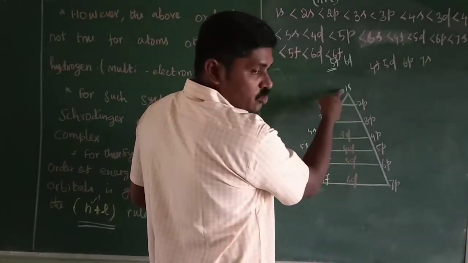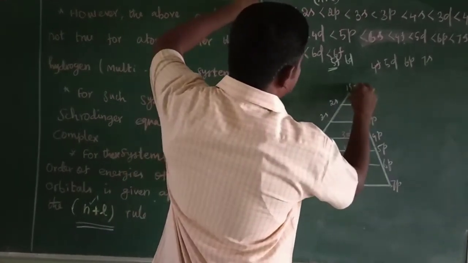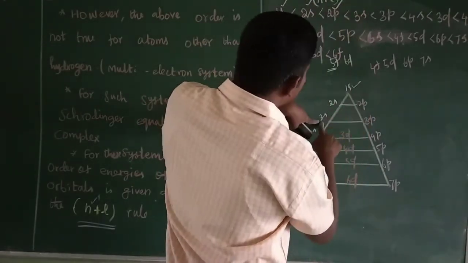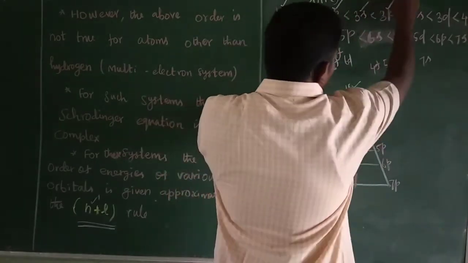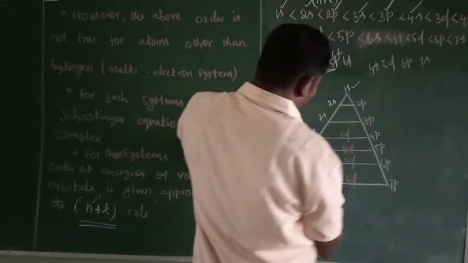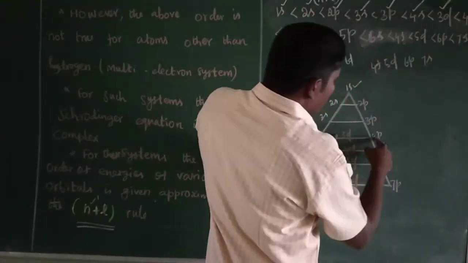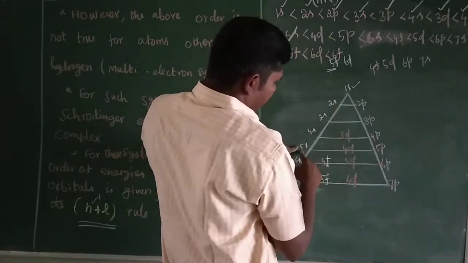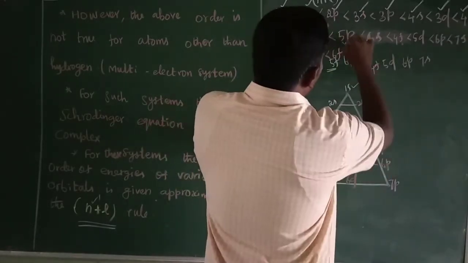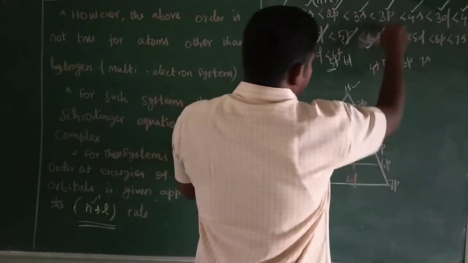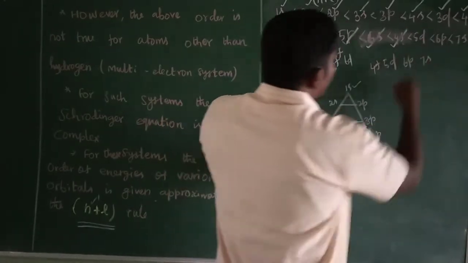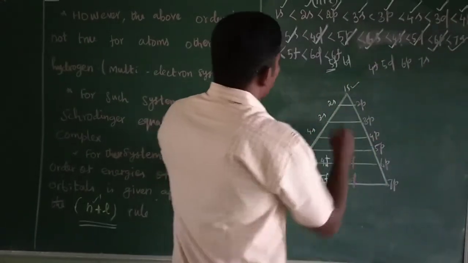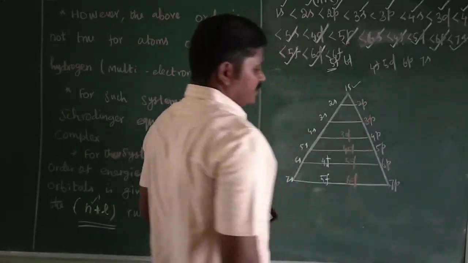So from least energy to higher energy: 1s, 2s, 2p, 3s, 3p, 4s, 3d, 4p, 5s, 4d, 5p, 6s, 4f, 5d, 6p, 7s, 5f, 6d.